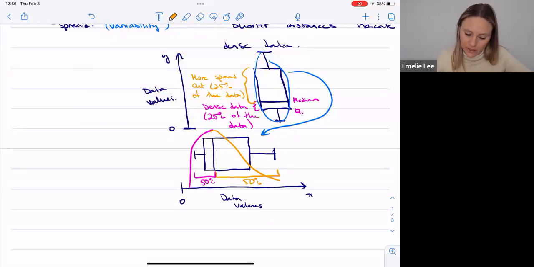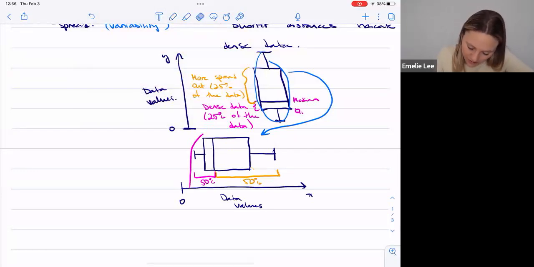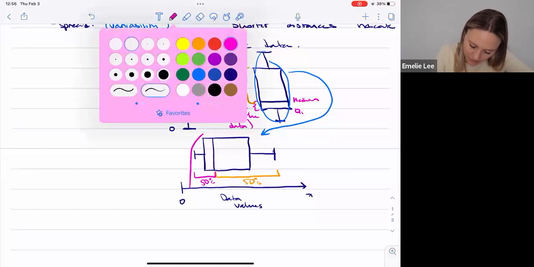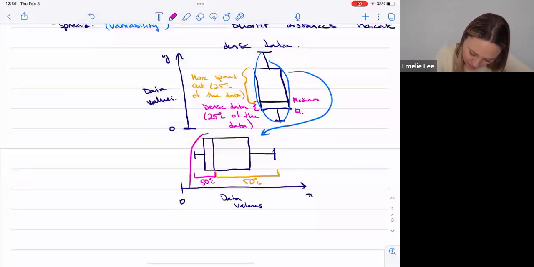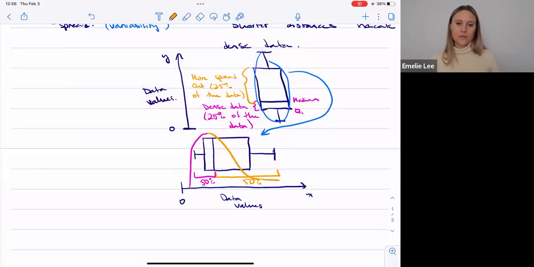Okay. And maybe, sorry, I'm going to do the same thing, but I'm going to kind of cut it down a little bit sooner. Something like that. Okay, so this would be skewed to the right, exactly.